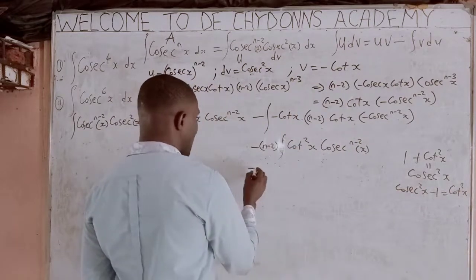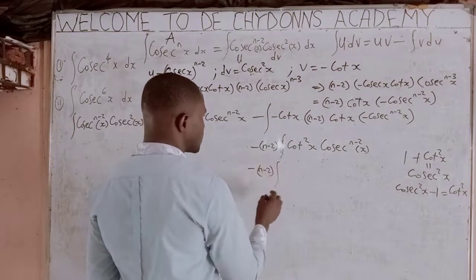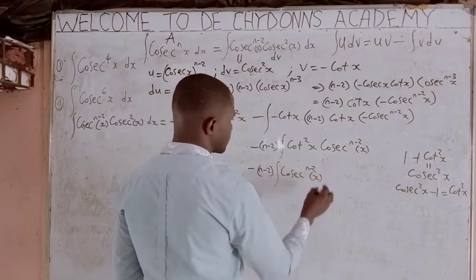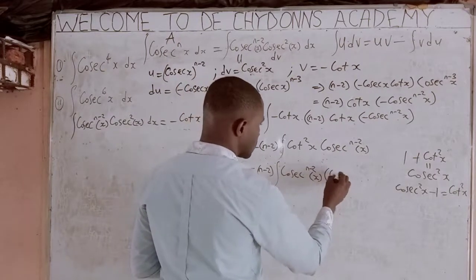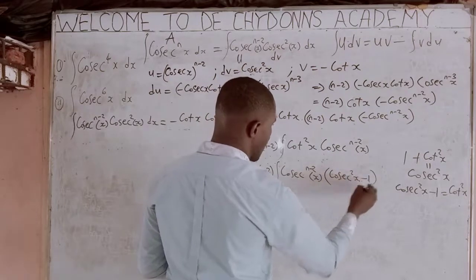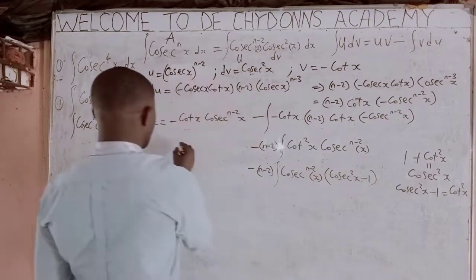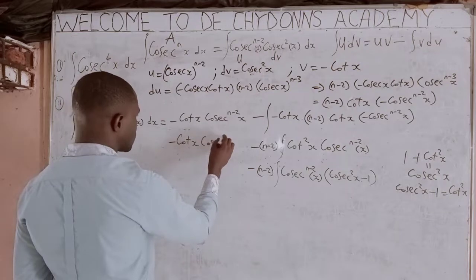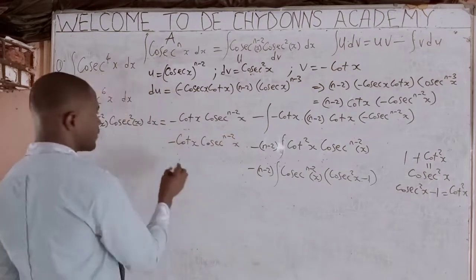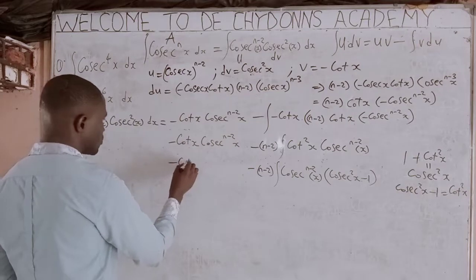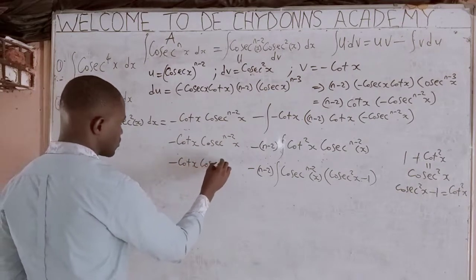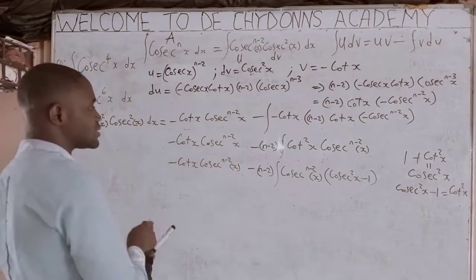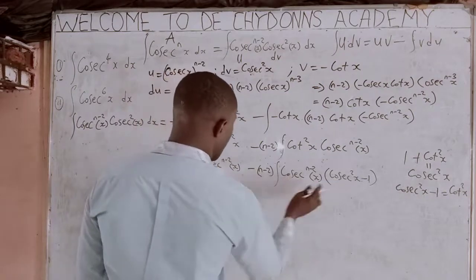We come again, I will say minus n minus 2 integration cosec to the power n minus 2 of x, bracket cosec squared x minus 1. Okay, we attach everything here. Then what we now do is that we use these two to multiply.